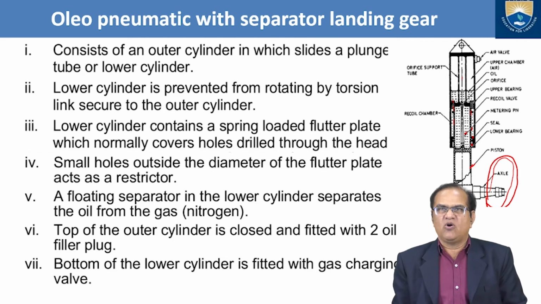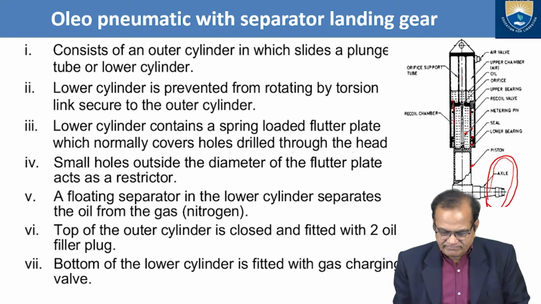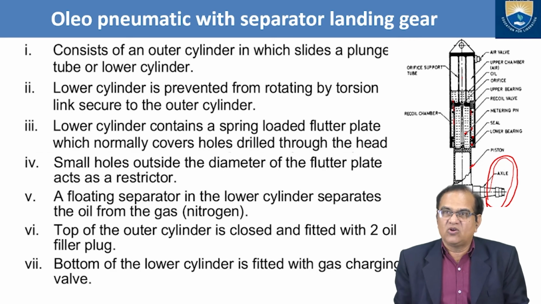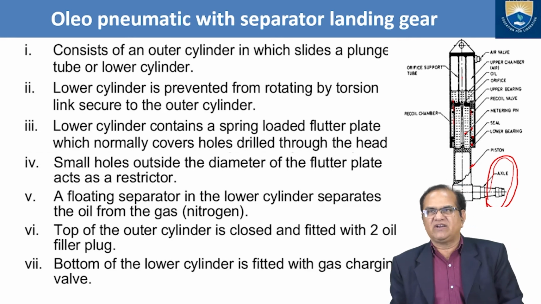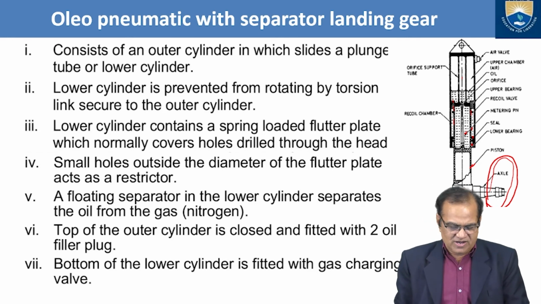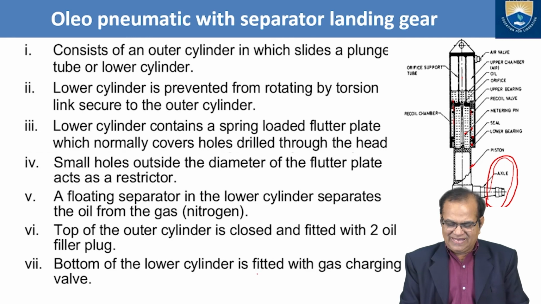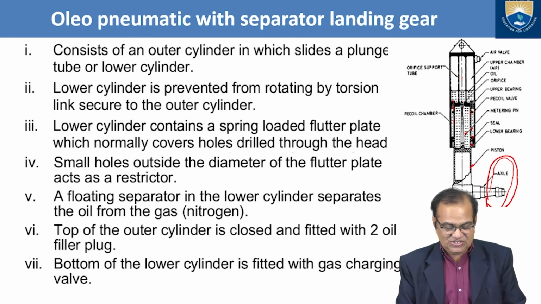Next, small holes outside the diameter of the flutter plate. A floating separator in the lower cylinder separates the oil from the gas. Top of the outer cylinder is closed and fitted with two oil filler plugs. Bottom of the lower cylinder is fitted with a gas charging valve.